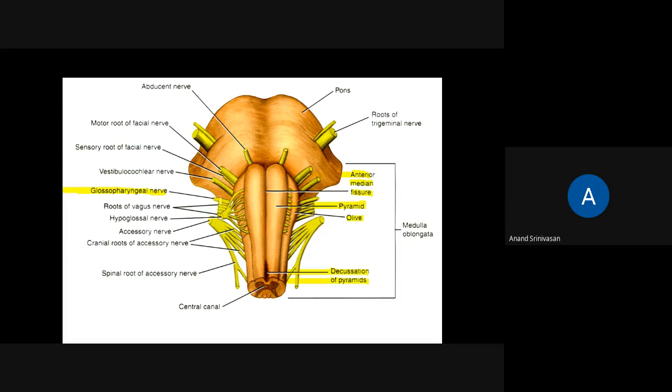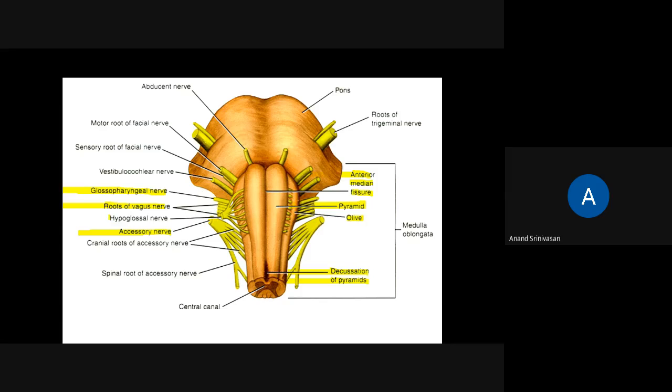Just below this ninth cranial nerve, there is the 10th cranial nerve, the vagus nerve. If you come below, there is another nerve which is the accessory nerve, the 11th cranial nerve. So the 9th, 10th and 11th cranial nerves arise lateral to the olive.